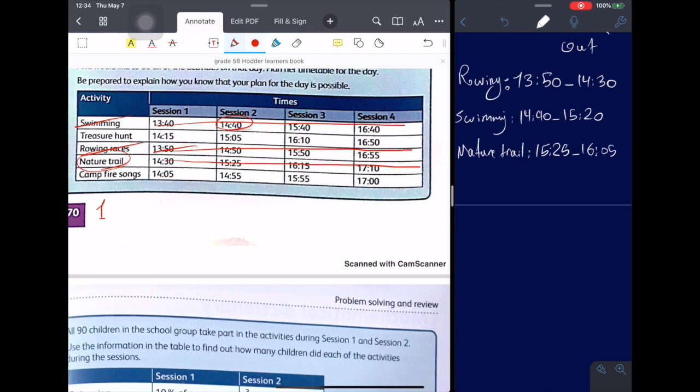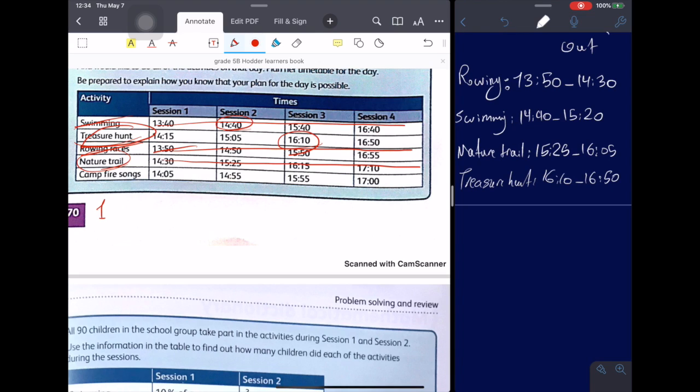According to 16:05, as I can see, treasure hunt is going to be possible for her. After 5 minutes, she can participate in treasure hunt by 16:10. And after 40 minutes, she'll be done by 16:50.